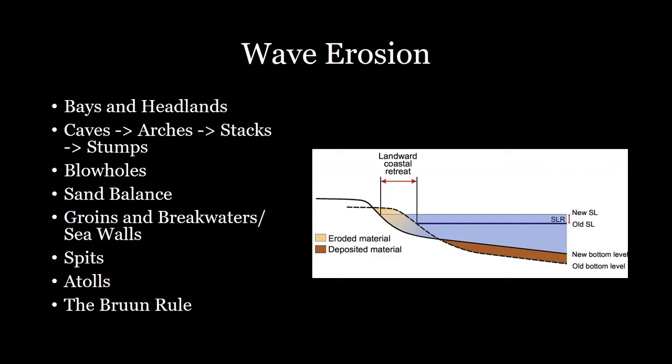So New Jersey, for example, is expected to receive 3 feet of sea level rise by the end of the century, at least, potentially significantly more. And as a result, we expect as well that our coastlines will, unless fortified, also retreat by 300 feet.